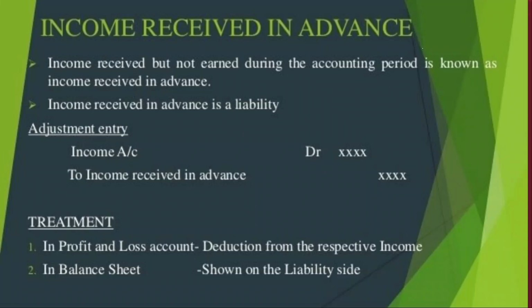Now, income received in advance. So income received but not earned during the accounting period, it is the same as your accrued income. So same thing: income account to income received in advance account. Suppose for rent, I have a tenant who is supposed to pay 2000 as rent per month, but she paid me 6000 in advance for 3 months.